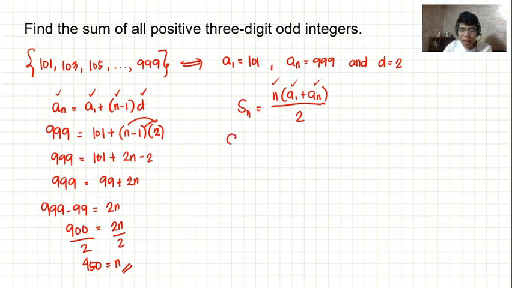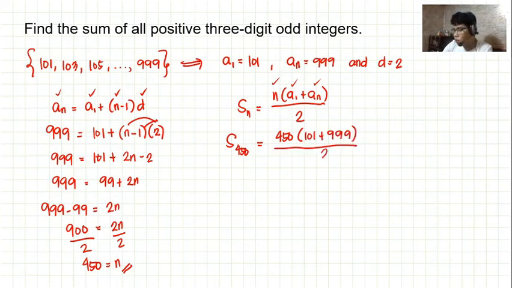So we have S sub 450, because n is 450, is equal to 450 times 101 plus 999 all over 2. Okay? So from that, 450 times that will become, how much is this?